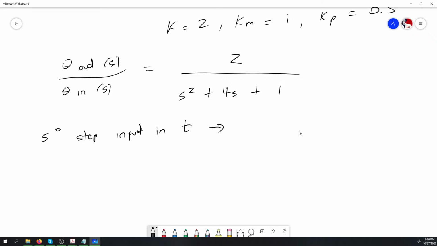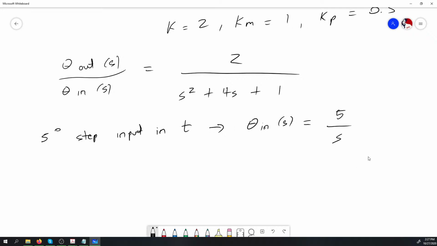We know that when we watch our Laplace transform table, our step change for a value of 1 is going to be 1 on s. So if it's a 5-degree step input, meaning that the magnitude is going to be 5, that means when we transfer that 5 value in time to the s domain, it's going to be 5 divided by s.